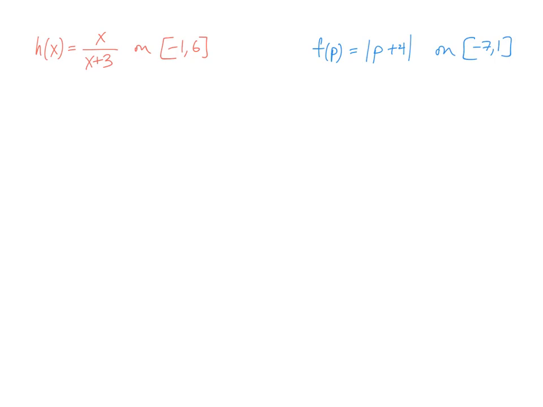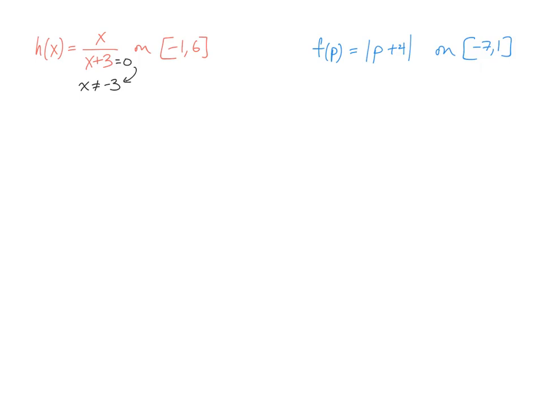So here we have the same directions, and the first thing you always want to look for is: is the function continuous on its interval? Well, it seems as though with this particular function, h of x, x cannot equal -3. If you set this equal to 0, you can see that x cannot be equal to -3.